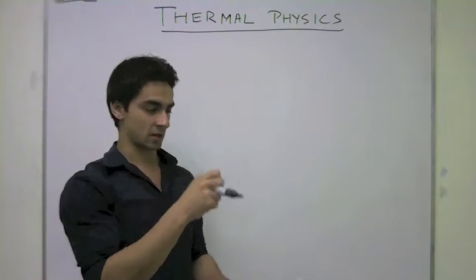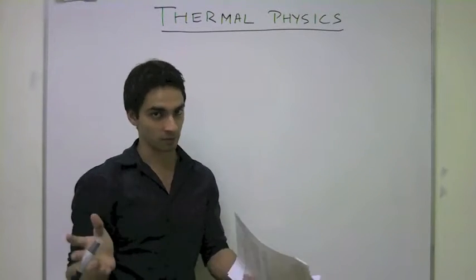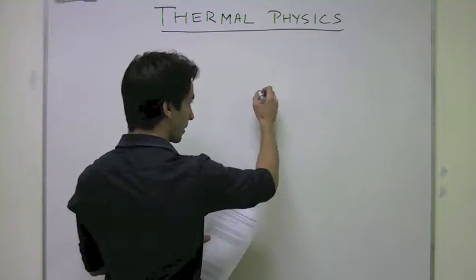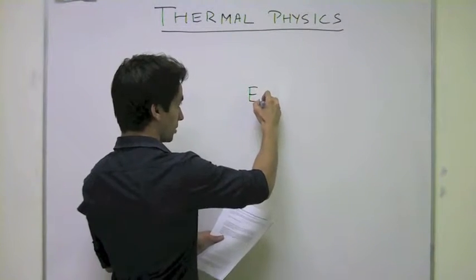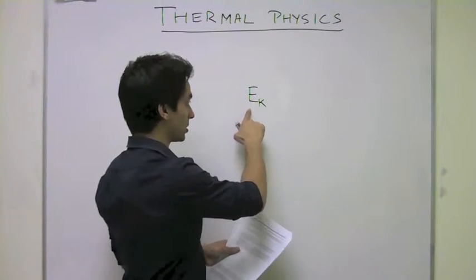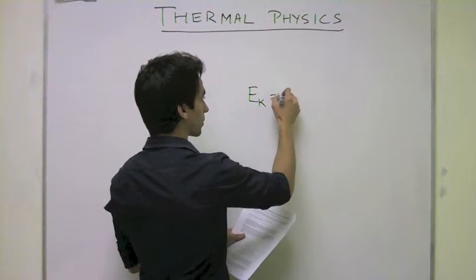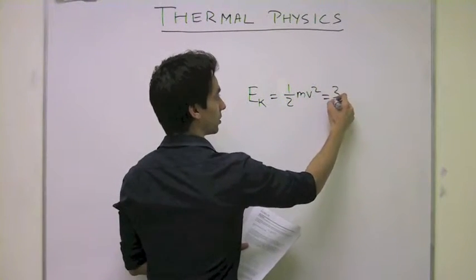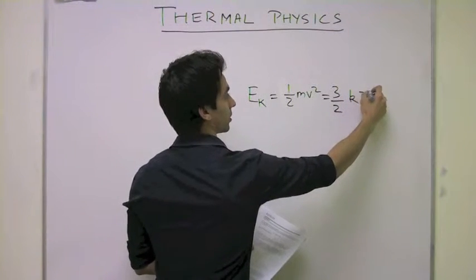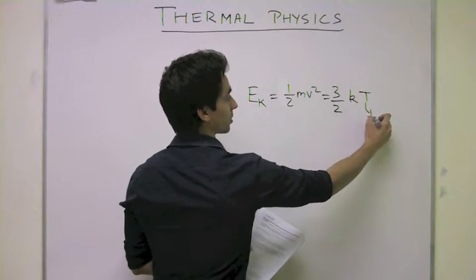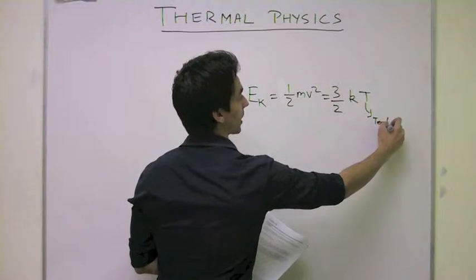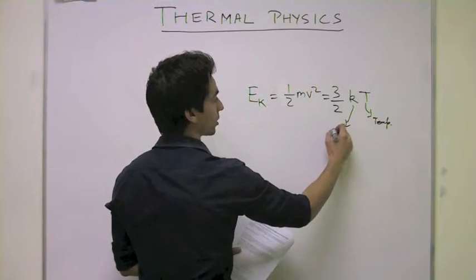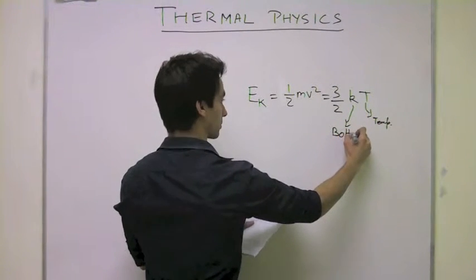You can probably fetch it from Wikipedia or any source online and get a derivation of how the average random kinetic energy of each particle is related to the temperature. This here is the temperature, and k here is a constant called the Boltzmann constant.